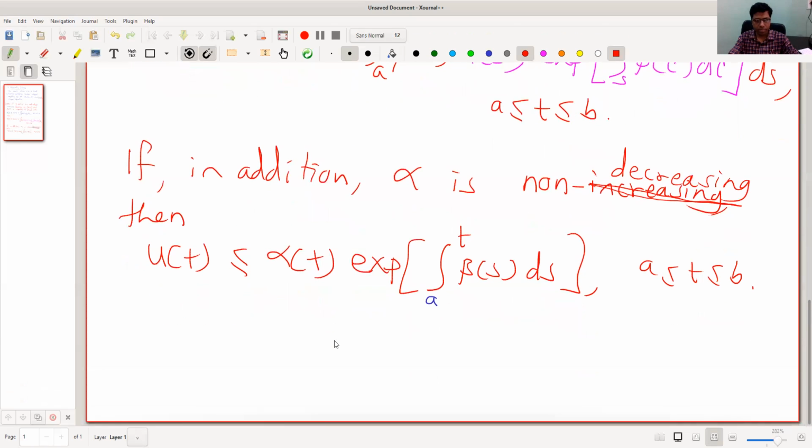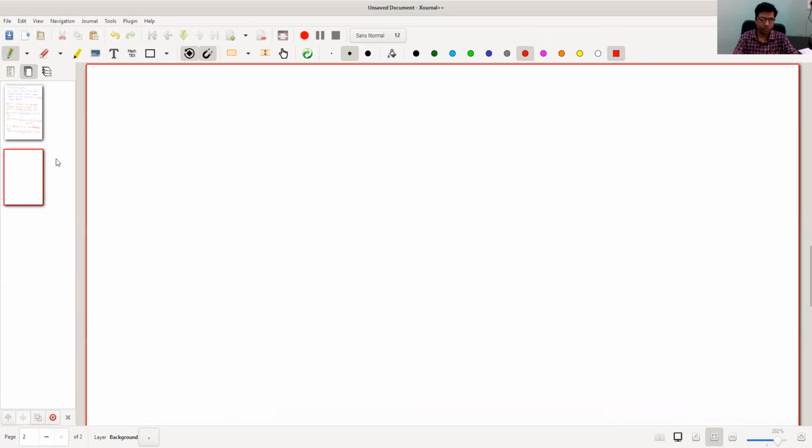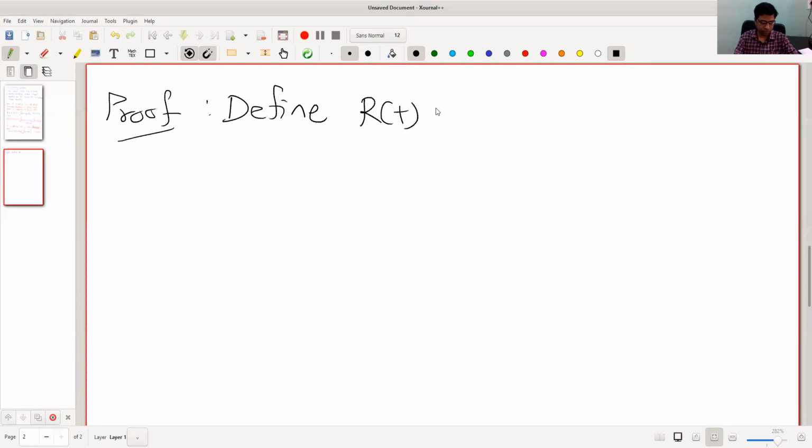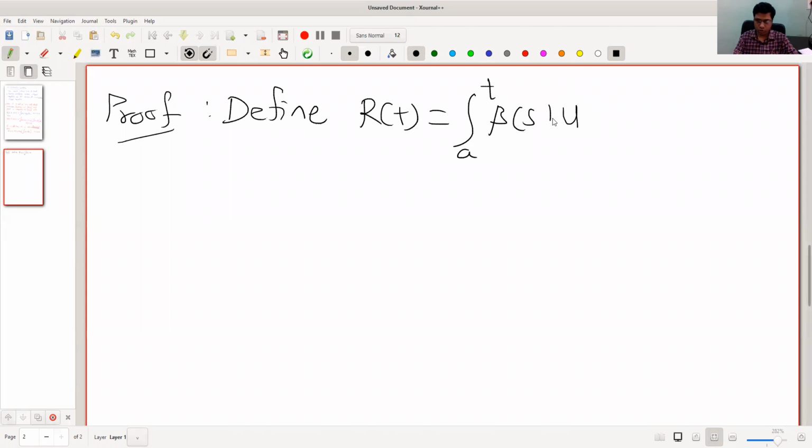Let us prove this result. This is a very important result, so we are going to see the proof also. Define r of t to be integral from a to t beta of s u of s ds.